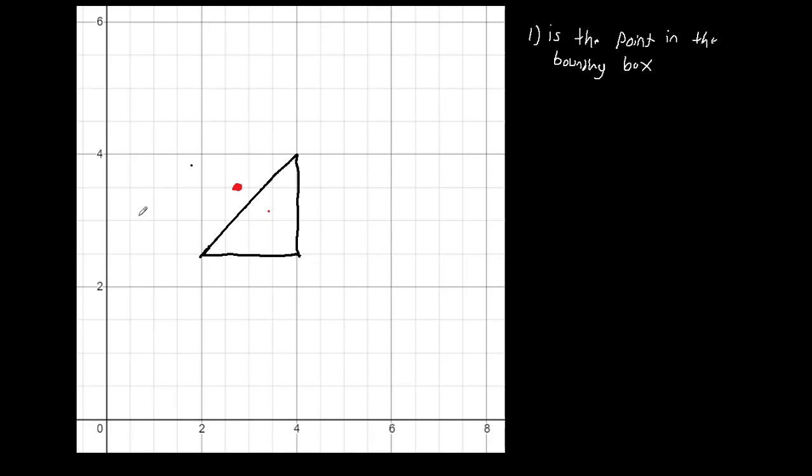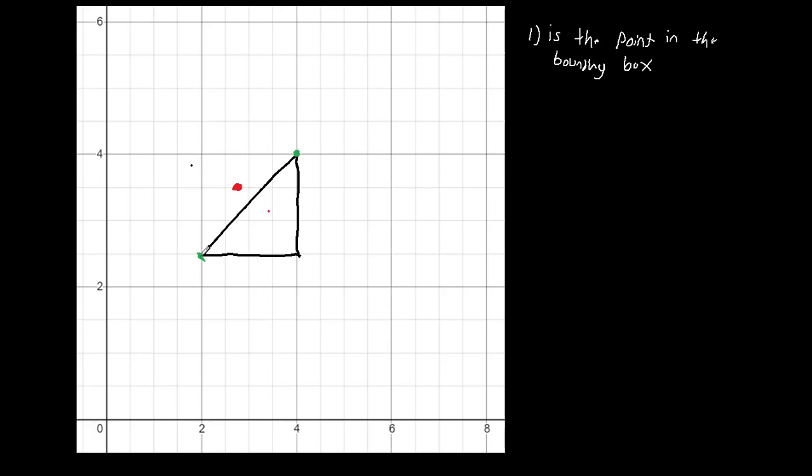When we said the bounding box, we said it was the box that would happen if you connected the x min, x max, y min, and y max of your polygon. And so what we can see here is our x min and our x max. This is our x min and our y min right here. This is our x max and our y max right here.